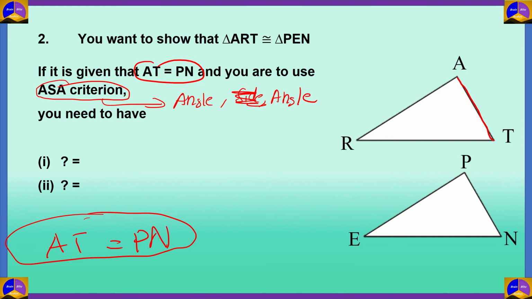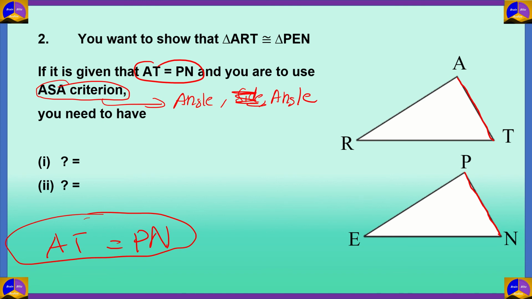This is AT and this is PN. Now ASA criteria means that the side is between the two angles. So the side we have just drew, the side AT must be between two angles and side PN must be between two angles.